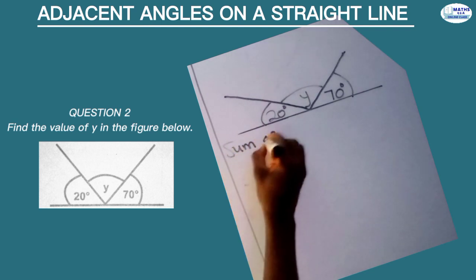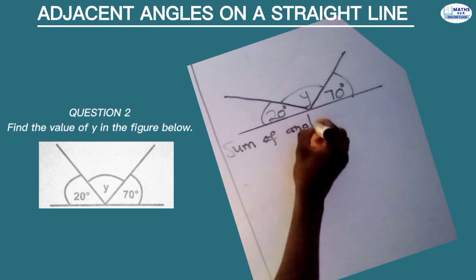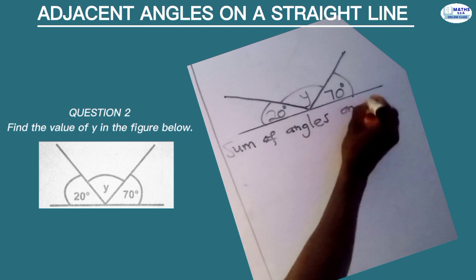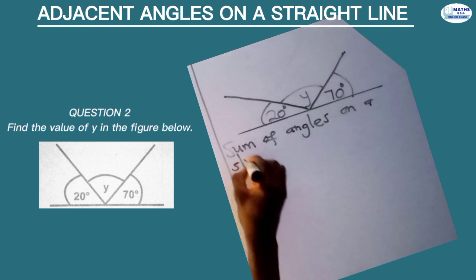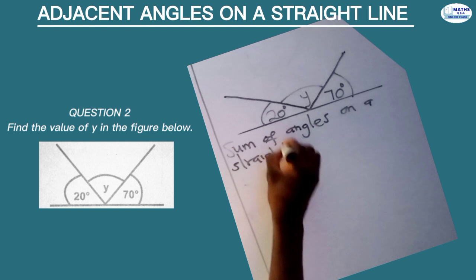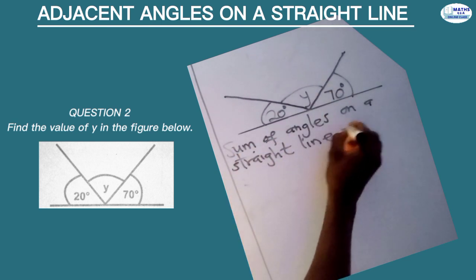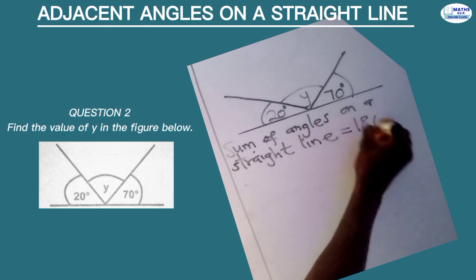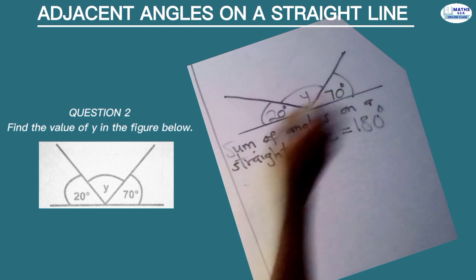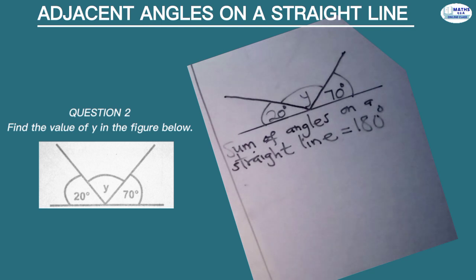So now let's state that. Sum of angles on a straight line produces what? 180 degrees. So now we write all the angles and then we equate them to 180 degrees.